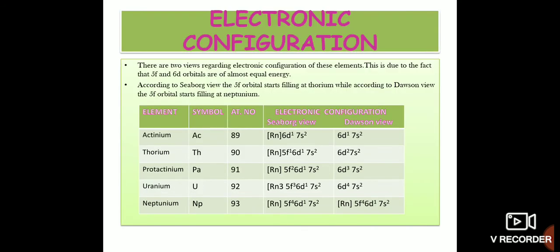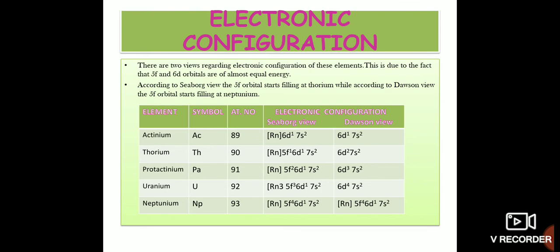Coming to the Dawson view, actinium is only radon 6d1 7s2, and thorium, here also radon, but 5f is not filled. Here also it is 5f0, so the electron enters the 6d orbital, giving radon 6d2 7s2. Protactinium is radon 6d3 7s2, and uranium is radon 6d4 7s2.